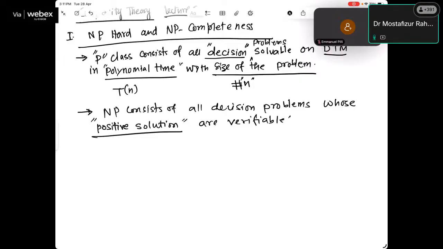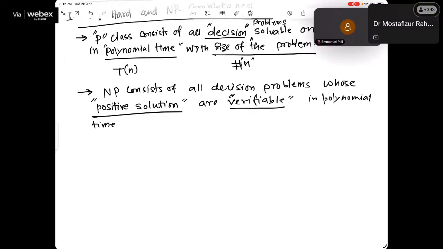I am not telling solvable, I'm telling verifiable, because in the Sudoku example in the last class we have seen the solution can be easily verifiable, but designing the solution may not be polynomial time. So the definition is given in terms of verification in polynomial time. And also it is given the right information.